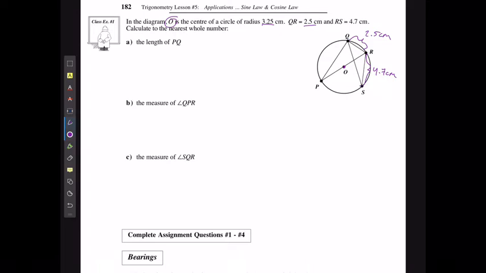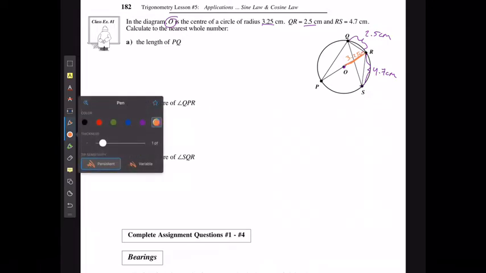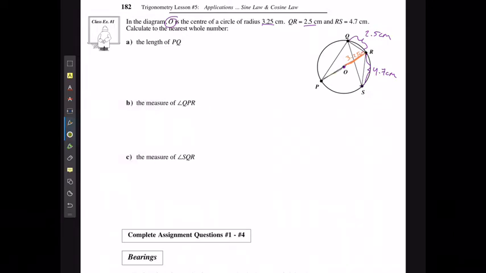This also means that the length here is going to be 3.25 because it's going to stretch from the center out to the side, and at the same rate the length here also has to be 3.25.